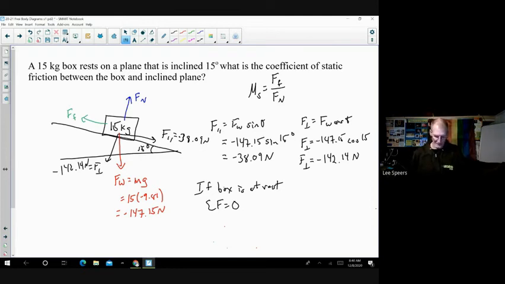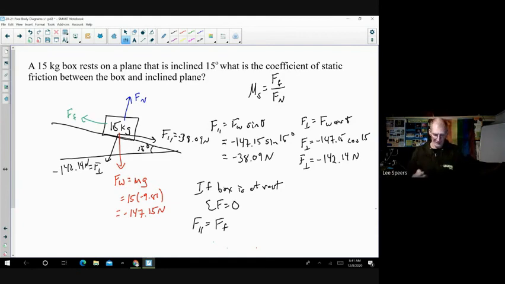So that means that the parallel component must have the same magnitude as the frictional component. The parallel component and the friction force are going to balance each other out. The parallel component's trying to pull it down the plane. The friction's trying to hold it from moving down the plane.